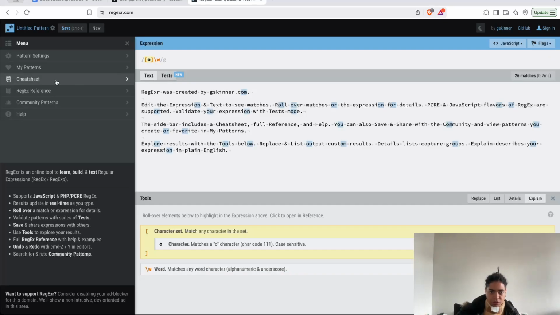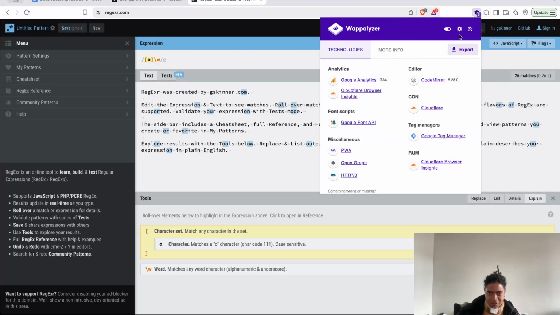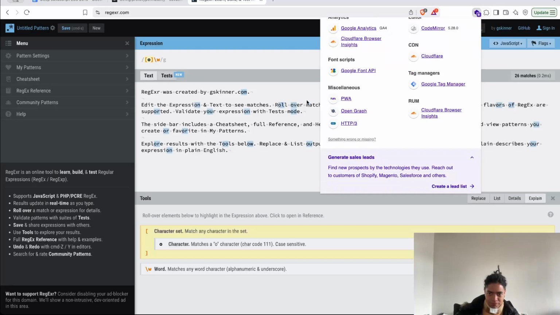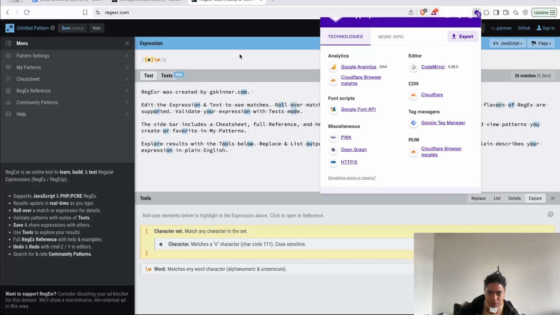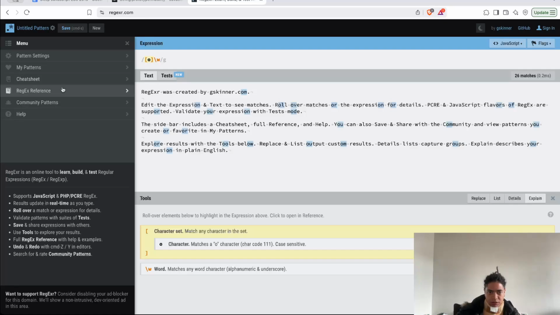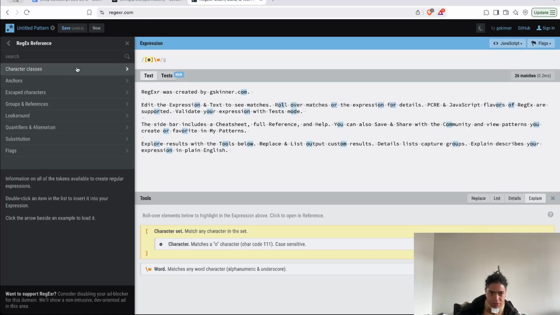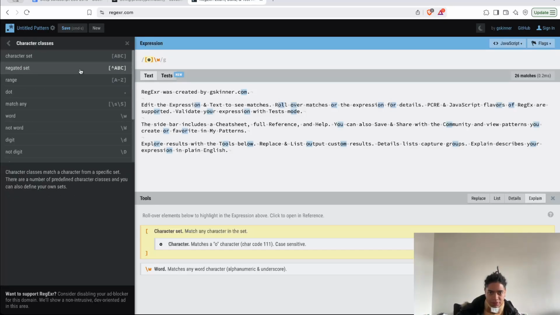This is a special character. Regular expression reference, character class. Exactly, it's a character set. It's a range. Match any, or match a word.